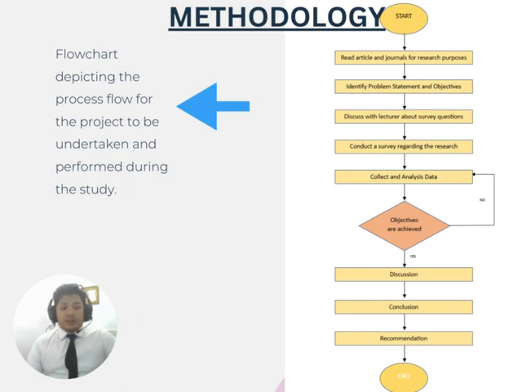When that is done, the survey is sent to the workers, and then the data is collected and analyzed. Then, if the objectives are achieved, discussion, conclusion, and recommendation can be made.